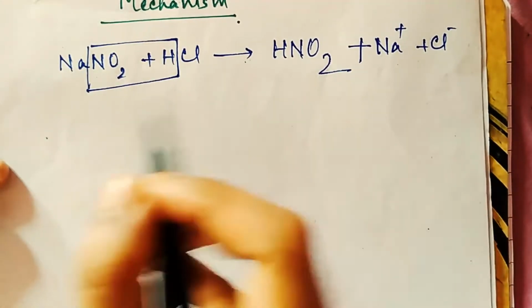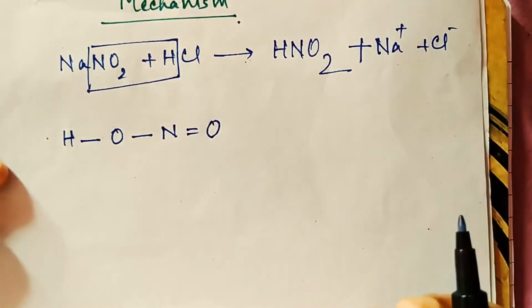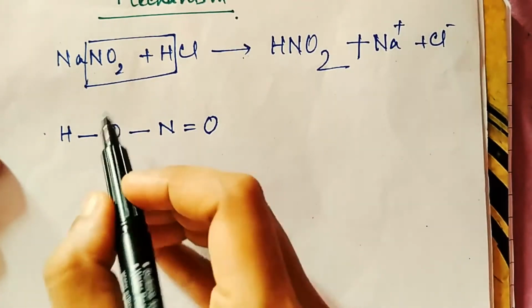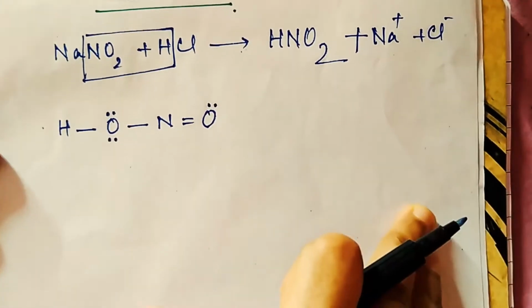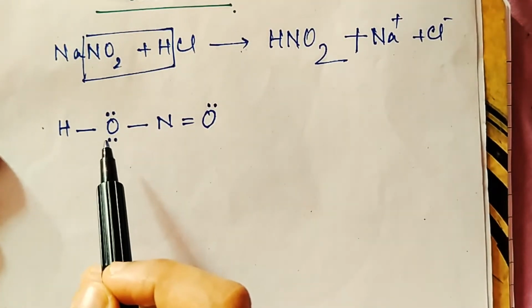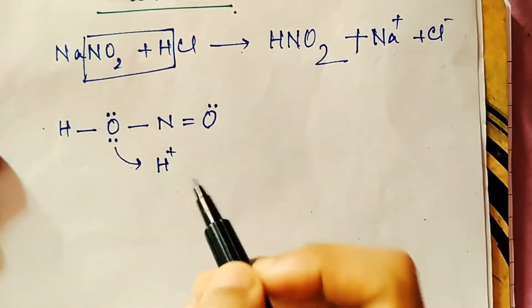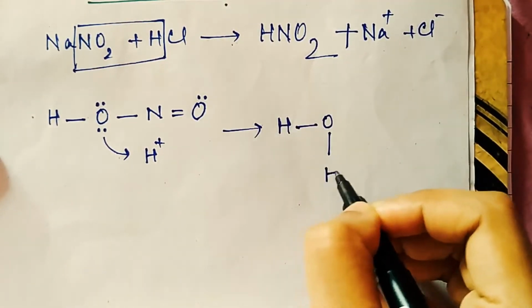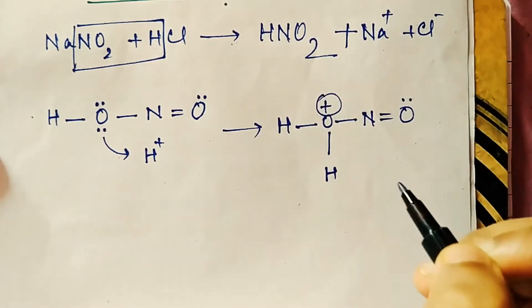If we write the structure of HNO2, it is H, O, and a double bond O. There are lone pairs on the oxygen atoms, so this oxygen by its lone pair will attract an H plus ion. Then, here is the positive sign.